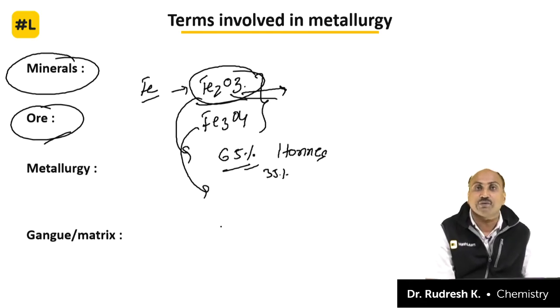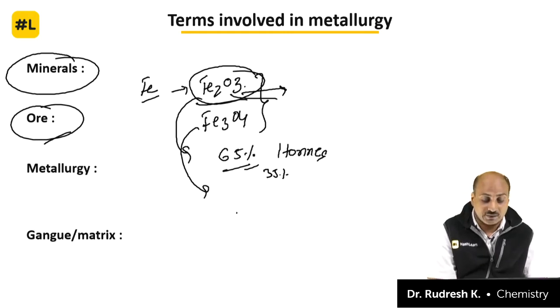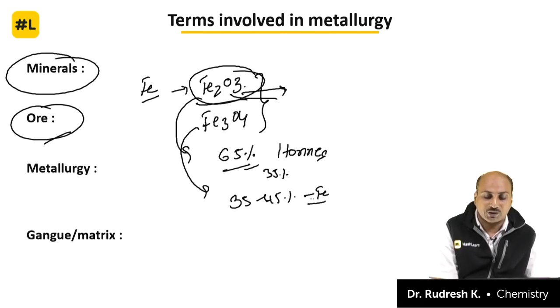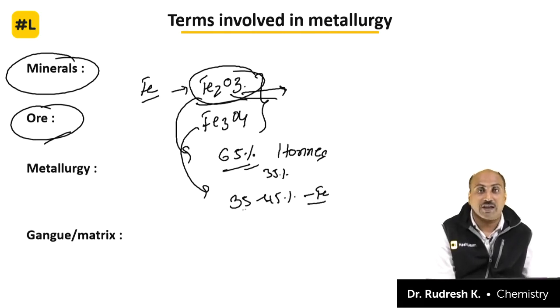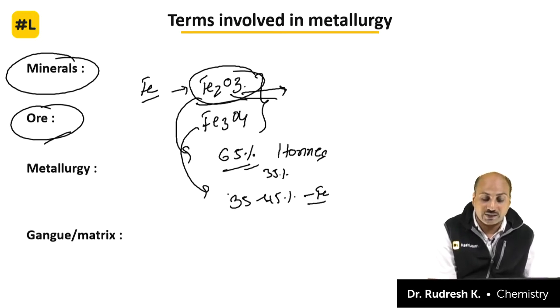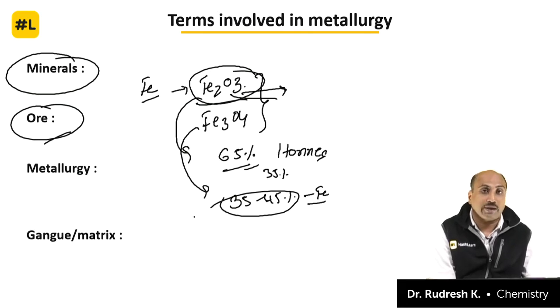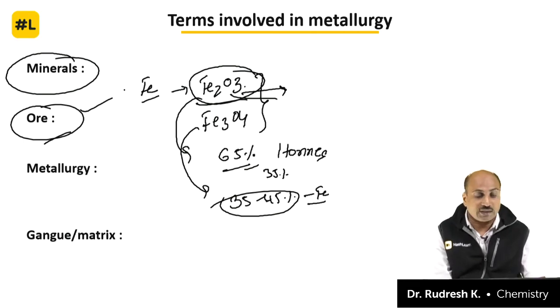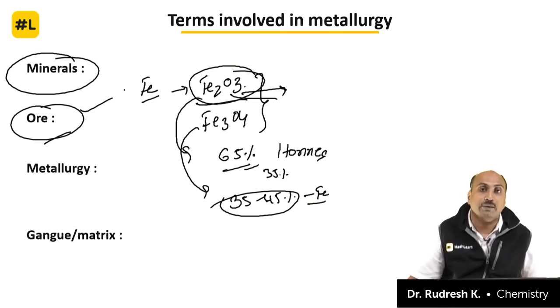But if I use Fe3O4, you get around 35 to 45% of iron. That means you are spending a lot of energy as well as money to get a smaller quantity. That is the reason an ore is always something that gives an effective metal from which we extract. Those substances are always called ore. They are also natural substances, but they contain fewer impurities. Next, we talk about metallurgy.